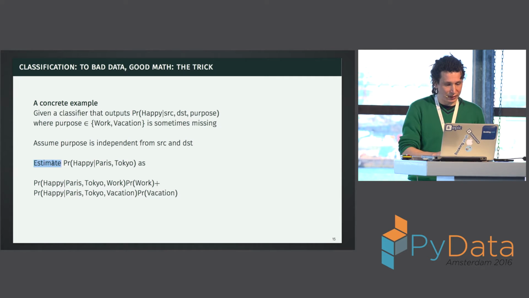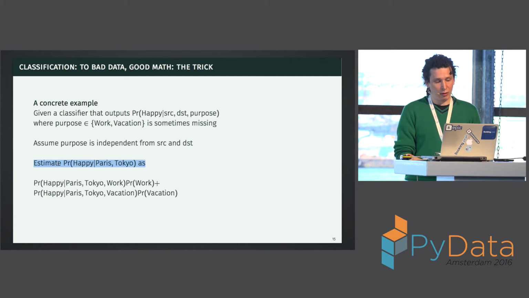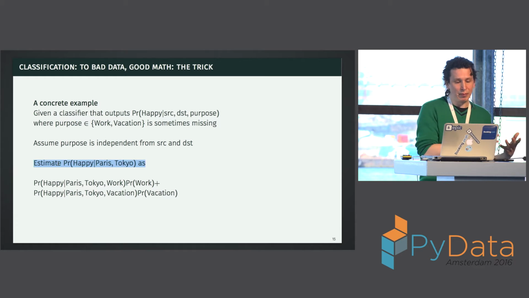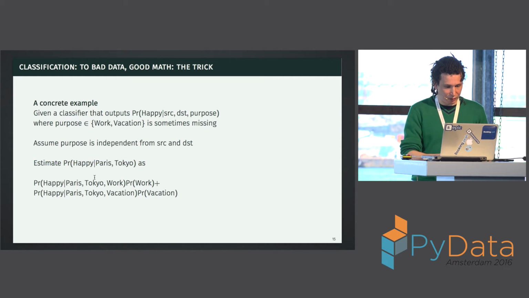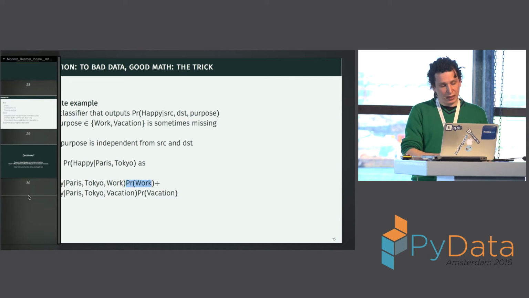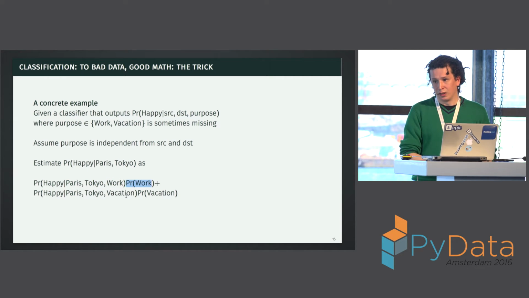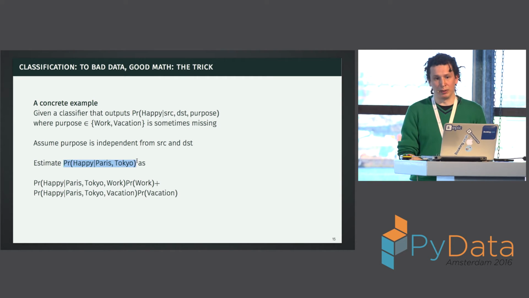So our problem is this: estimate this probability. How likely is that someone will be happy going from Paris to Tokyo? And for that, we're going to use the classifier that we already have that gives us the probability of being happy, conditioned on Paris, Tokyo, and work, weighted by the probability of work, plus the same for vacation. So in this example, all we're doing is estimating this probability using the model that we already built.